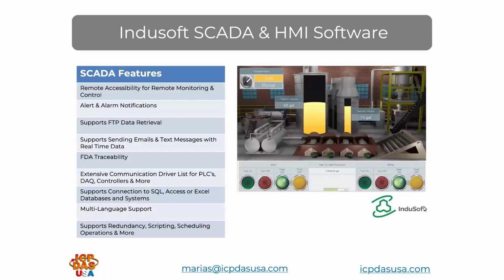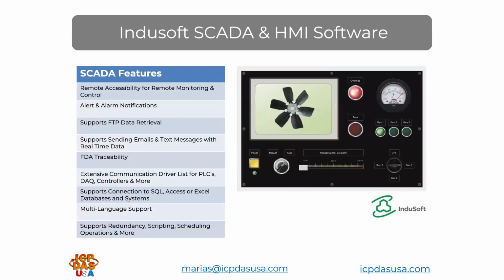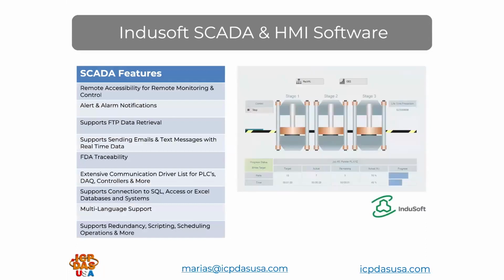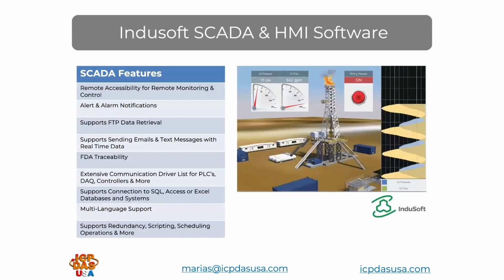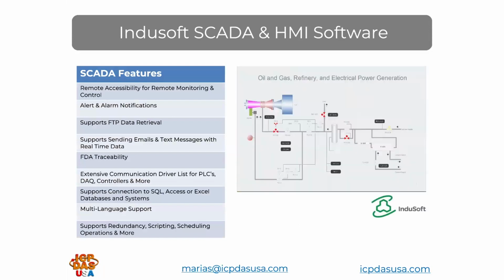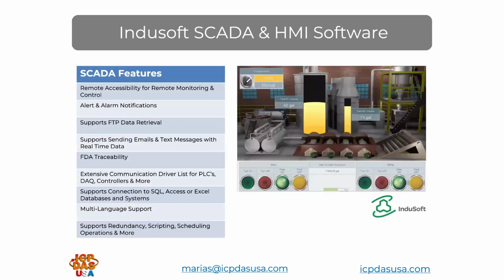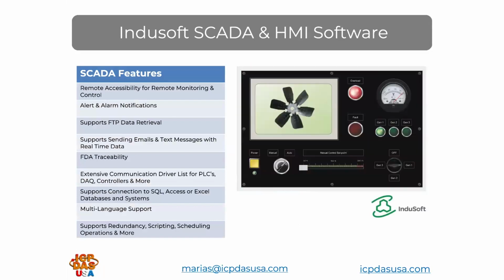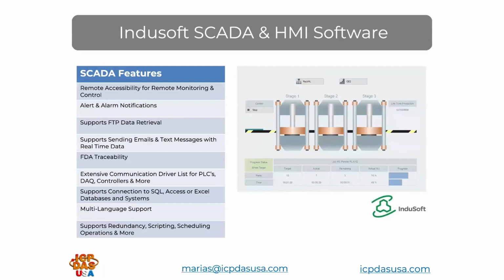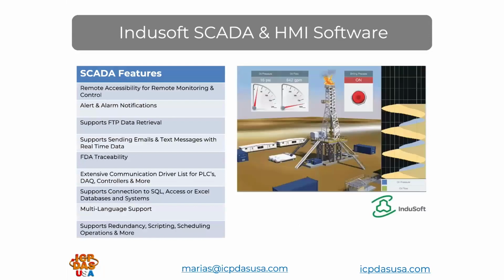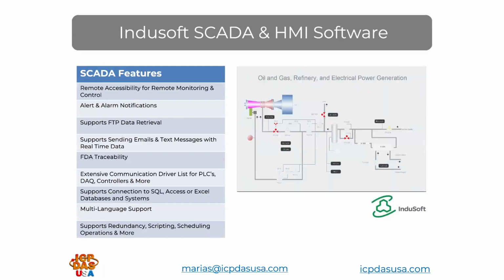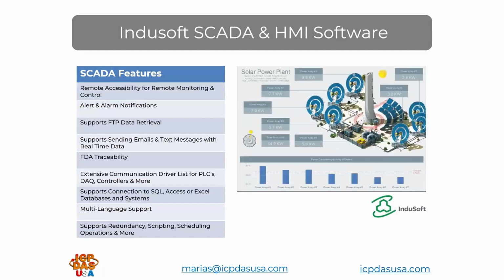SCADA software is a computer program that helps monitor manufacturing plants, machines, and other operations. It gathers information from programmable logic controllers and remote terminal units that communicate with valves, pumps, and other equipment. Human-machine interfaces allow for interacting with the equipment through visual, graphical user interfaces, allowing for remote monitoring and control.